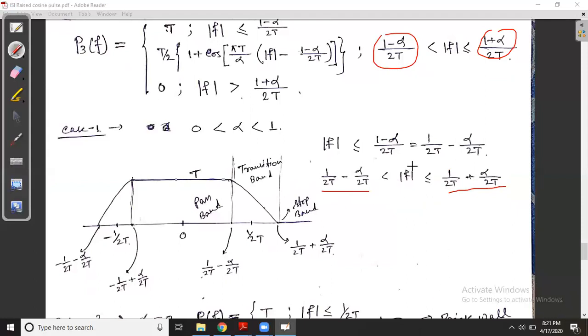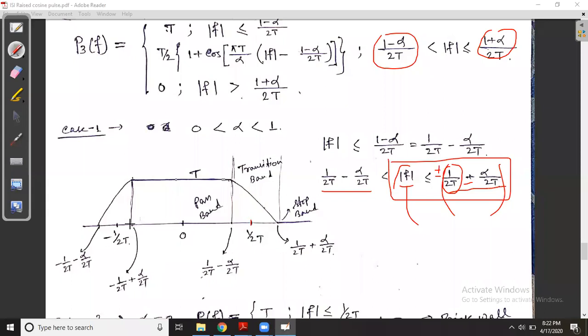Now, suppose I take only this part first. The value of frequency is greater than 1 by 2T because the plus term is there, and the mod is there again, so put some bracket, and the plus-minus term will be there. If this is your 1 by 2T point, then the frequency is more than this, somewhere here.